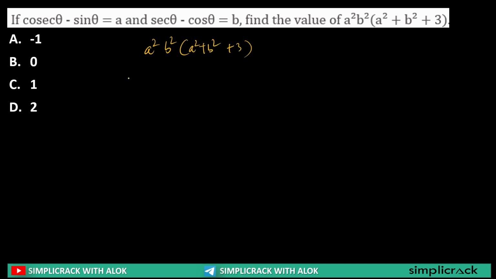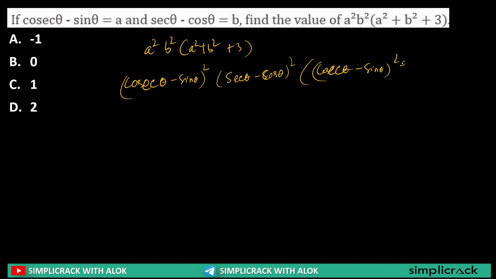So in terms of a square, we can write (cosec theta minus sin theta) square into (sec theta minus cos theta) square into this whole thing, (cosec theta minus sin theta) square plus (sec theta minus cos theta) square plus 3. Okay, we can write it.